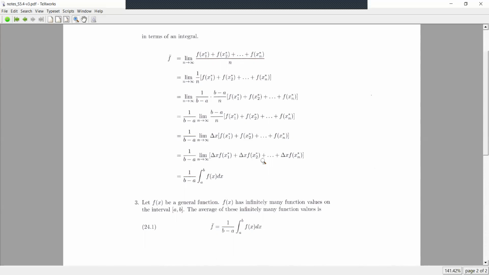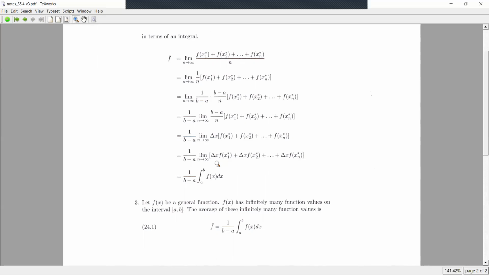Now in this sum, the first term, delta x times function value at x1 star, is the area of the first rectangle, right? Delta x is the base of the rectangle. Function value at x1 star is the height of the rectangle.